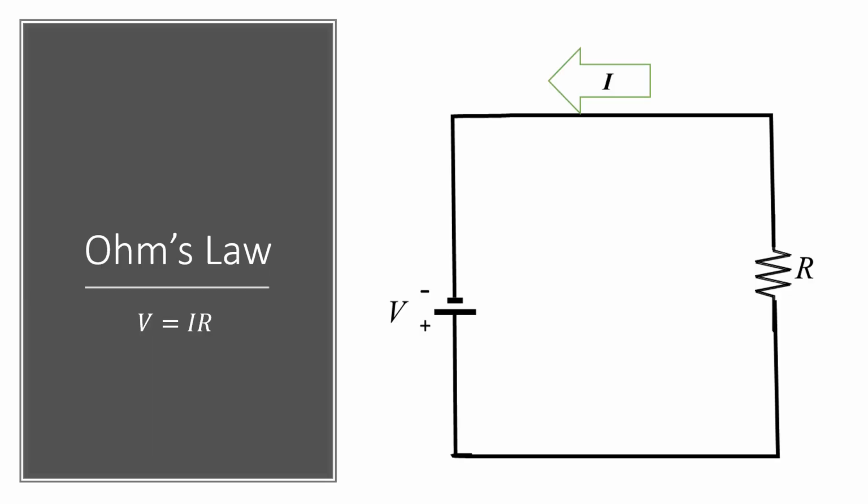All right, so we have this thing called Ohm's law. Basically, it's a very simple relationship between V voltage, I current, and R resistance, where the current times the resistance simply equals the voltage: V = IR. So if you know two of them, you can obviously calculate the third.